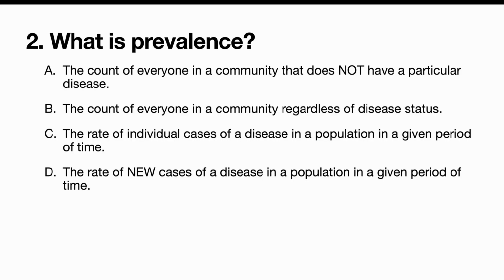What is prevalence? Is it A, the count of everyone in a community that does not have a particular disease? B, the count of everyone in a community regardless of disease status? C, the rate of individual cases of a disease in a population in a given period of time? Or D, the rate of new cases of a disease in a population in a given period of time?